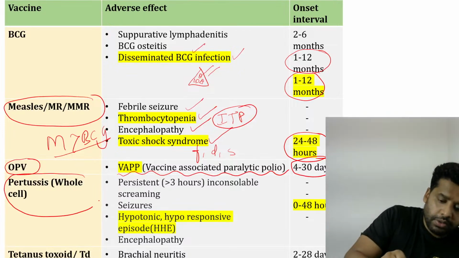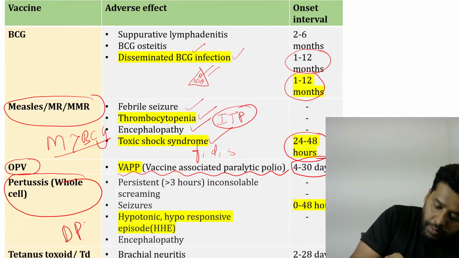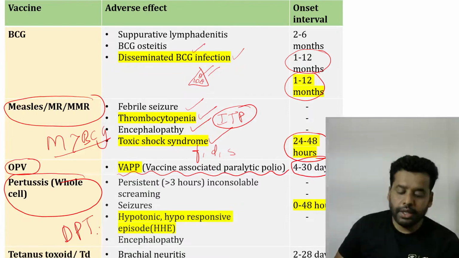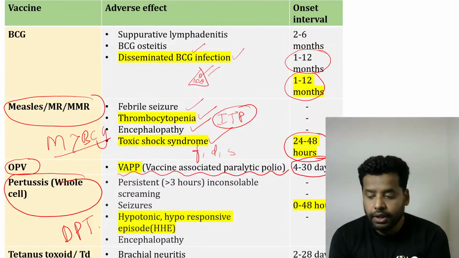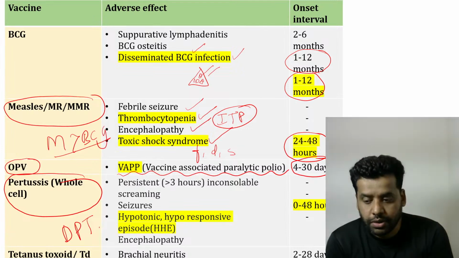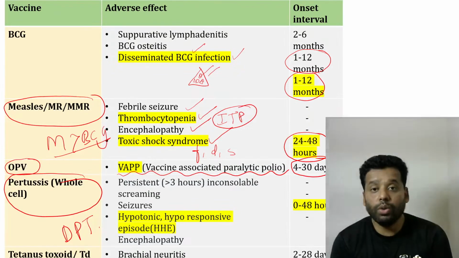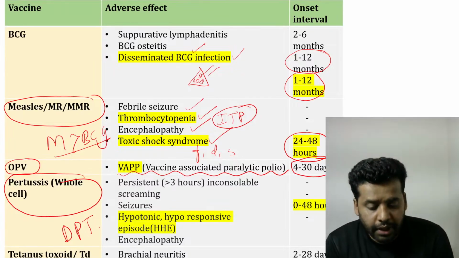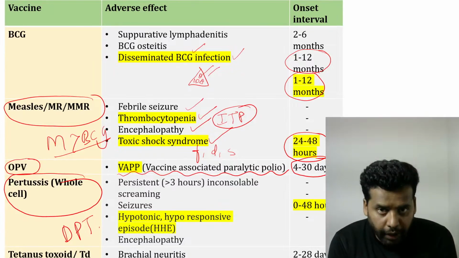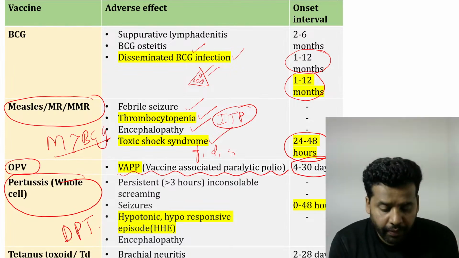Whole cell pertussis. Keep this in mind. We have the DPT vaccine. What is DPT? P for pertussis. Whole cell pertussis, if you are using it, is neurotoxic. Chances of side effects will be more. Persistent inconsolable screaming: the child keeps on crying for more than 3 hours.